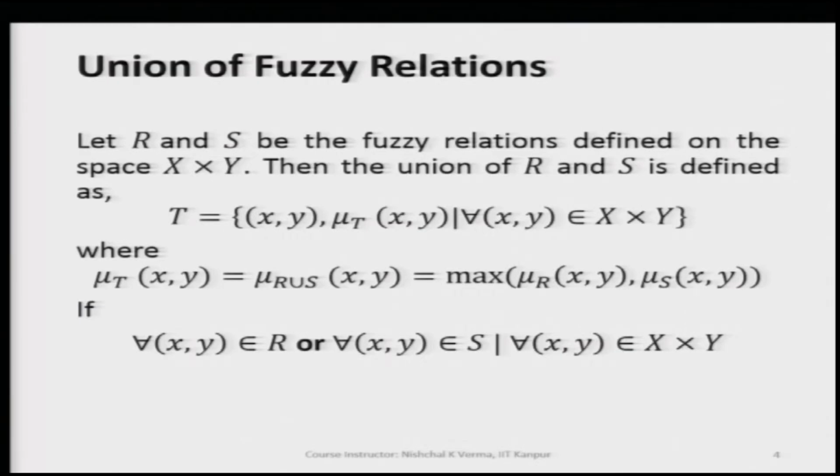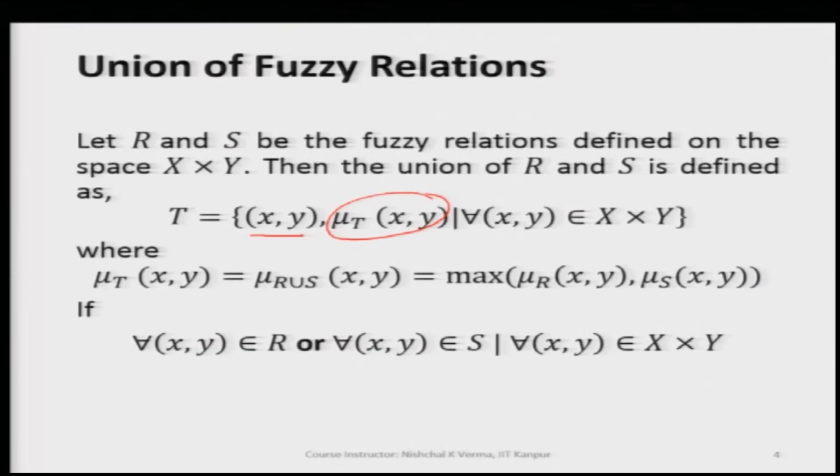Other than this there is no difference. In a fuzzy relation set, apart from the ordered pairs, we have the corresponding membership values. Here we have the ordered pair and then mu T of (x, y), the corresponding membership value. This is how we have the union of fuzzy relations.